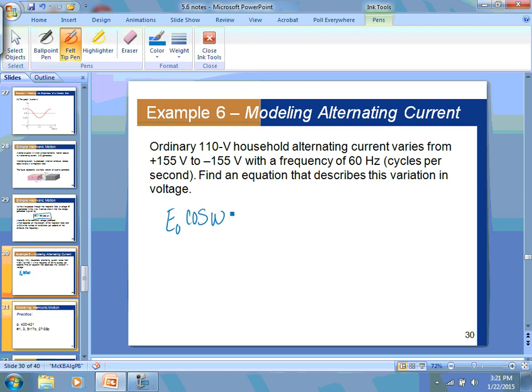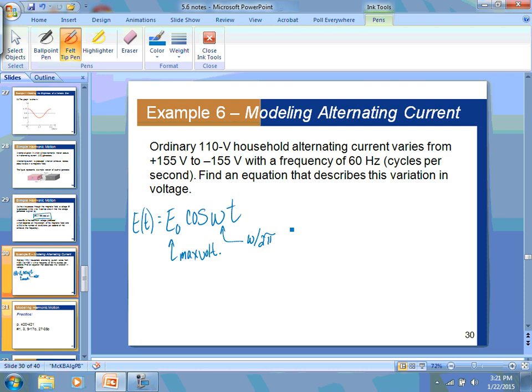Now we're going to leave T as T, so technically this is E of T. So we're going to leave T, we're going to leave the cosine. So we need to figure out the E sub 0, okay? And again, that was our maximum voltage. And then this W here, that was really the W divided by 2 pi. Okay, that was our frequency, our revolutions per second.